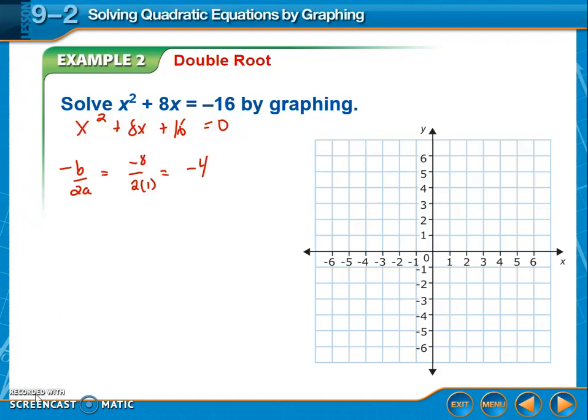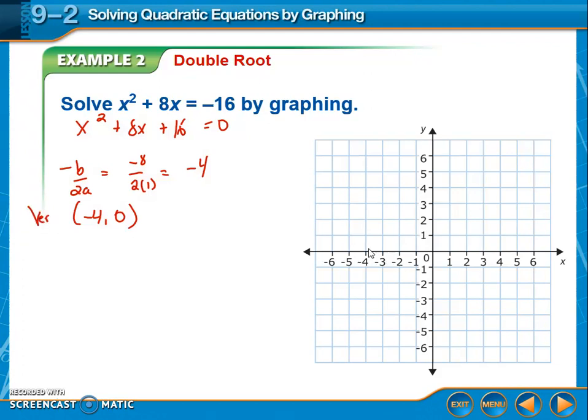I get that the x-coordinate is negative 4. So I plug negative 4 for x into this equation up here to find the y value of the vertex. When I do that, I get 0. So my vertex is the point negative 4, 0.